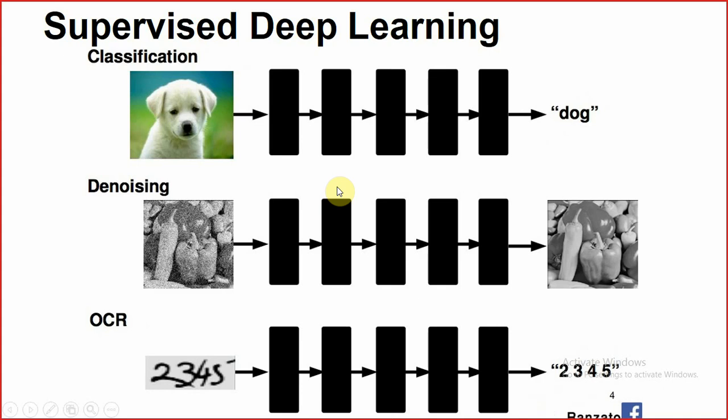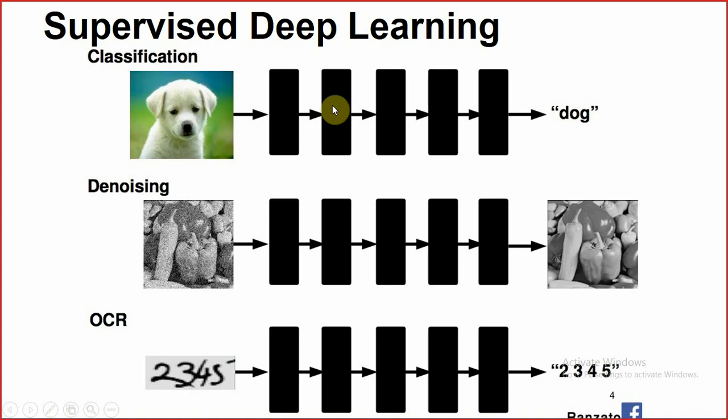But in supervised deep learning, we have different layers, and each layer has some learnable parameters, and each layer tries to extract some type of features from the previous layer. The first layer receives the input image, tries to find some features from it, and then gives them to the next layer.